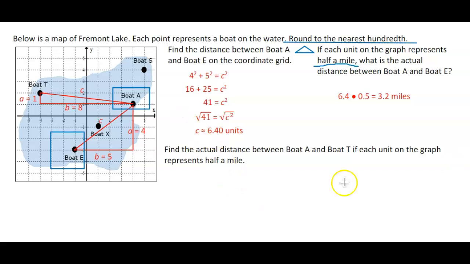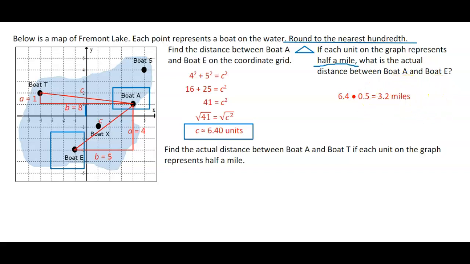Okay, so the hypotenuse for the distance between boats A and boat E is 6.40 units. Please note that if one box is half a mile, you need to half the units. You can do that by dividing by 2 or multiplying by 0.5.